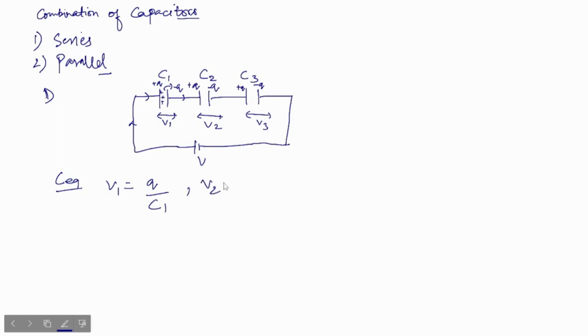Similarly, V2 will be Q2 by C2 and V3 will be Q3 by C3.